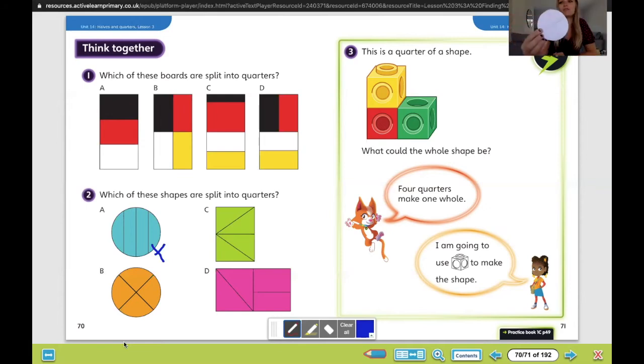Can you see? So I've drawn around a sellotape to make my circle, and I folded it into quarters, into 4 equal parts. So I folded it in half and made sure it was lined up that way. And then I folded it in half again. And then when I pulled it apart, I was able to see that there are 4 equal parts.